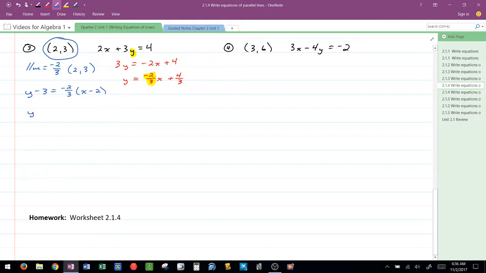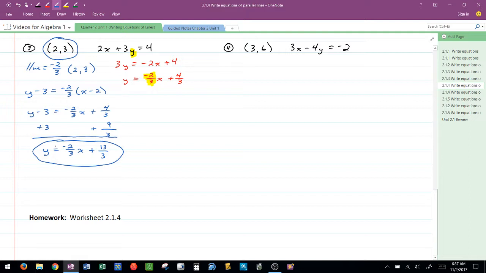Distribute. y minus 3 equals negative 2/3 x plus 4/3. Add 3 to get y by itself, which means I'm going to add how many thirds? So 3 is 9/3. So this tells me y equals negative 2/3 x plus 13/3. And that is the equation of the line in slope-intercept form.